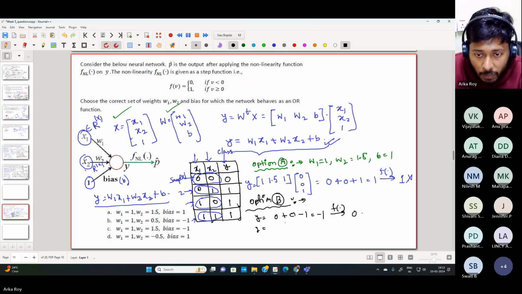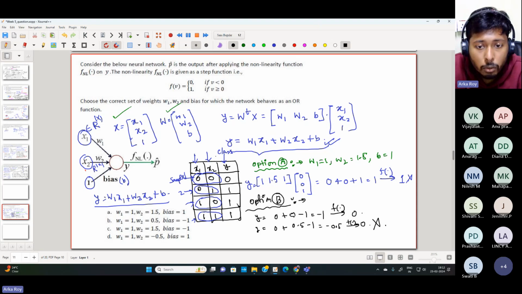Fine. Then W2 is 0.5 and then -1 again, so minus 0.5. So if the input is 0, 1, you should get 1, but you are getting 0 over here. So again, this is incorrect. Then option B is also omitted. Let us go to option C.